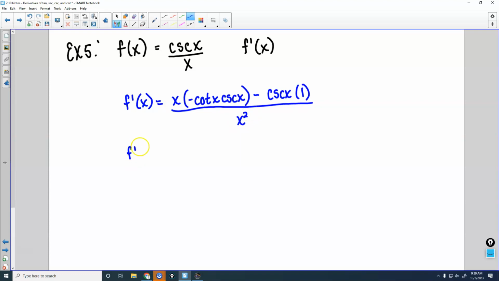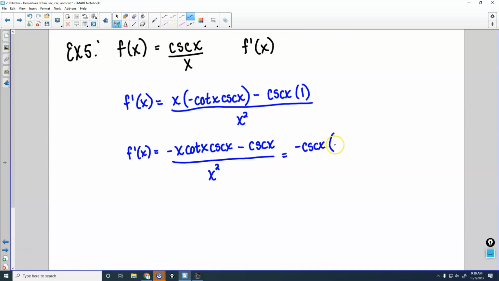So here you got negative x times cotangent x cosecant x minus cosecant x, all over x squared. They might just leave the answer like that. You could factor out a cosecant, maybe a negative cosecant.